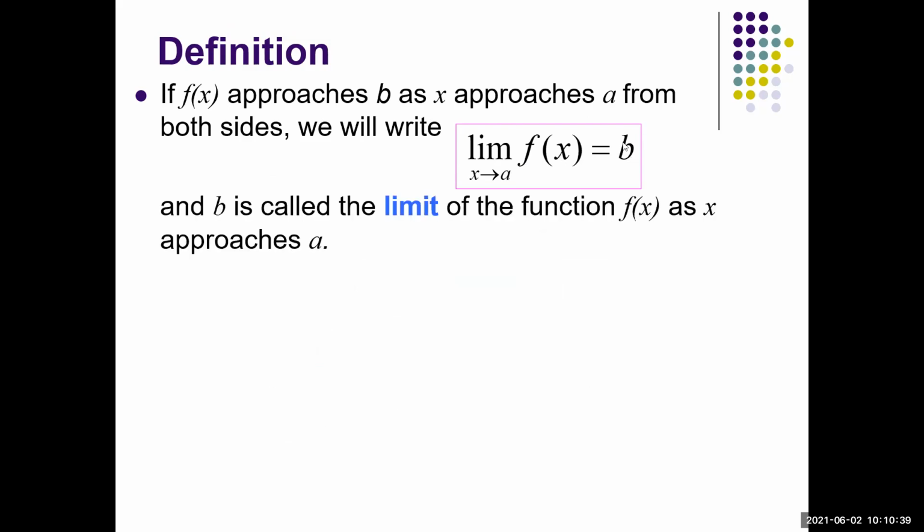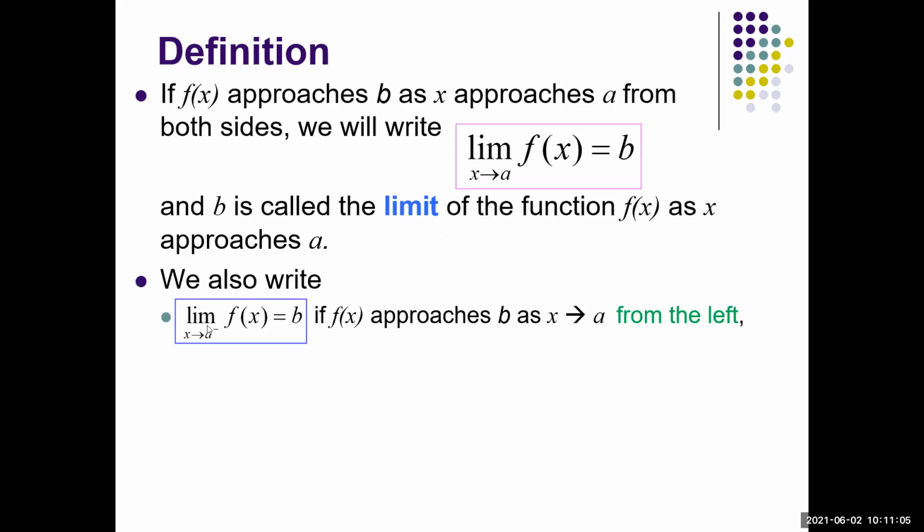The number b that it's approaching is called the limit of the function f of x as x approaches a. So think of the limit as your target, the thing that you are getting closer and closer to.